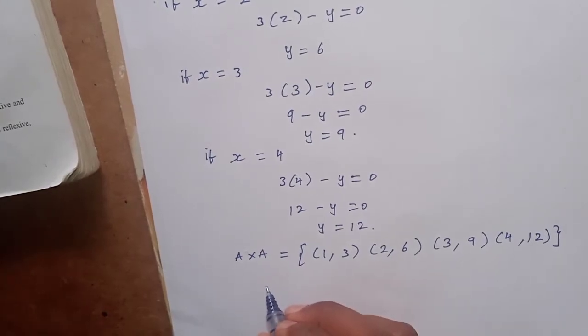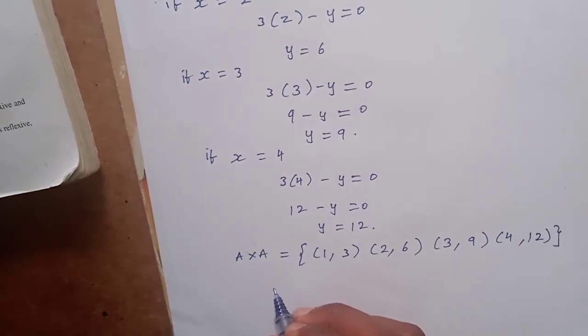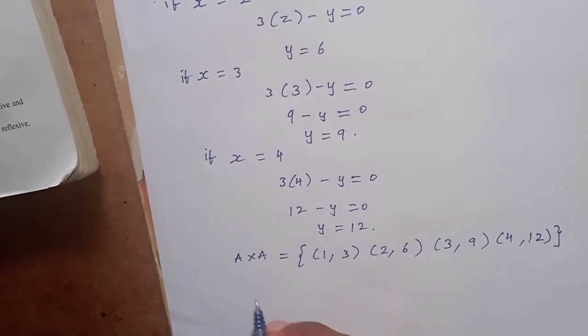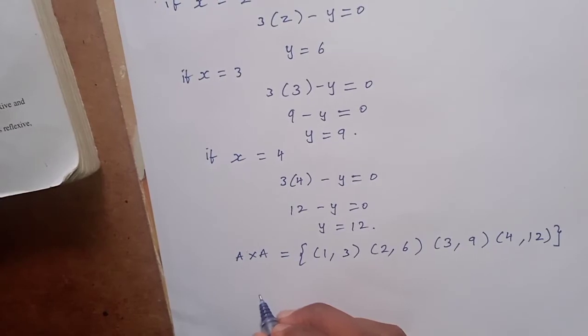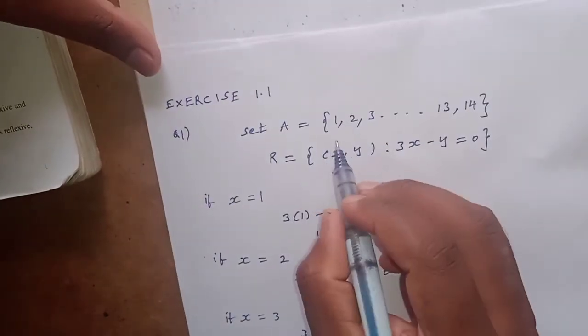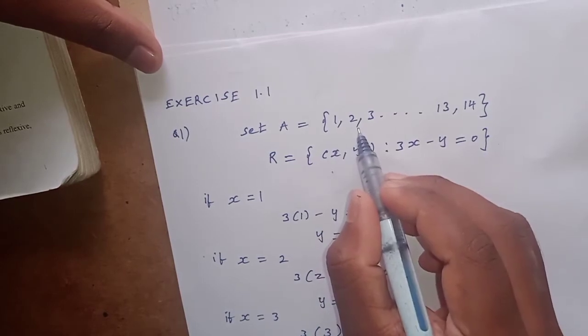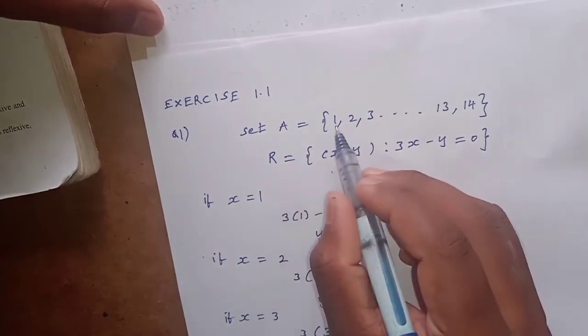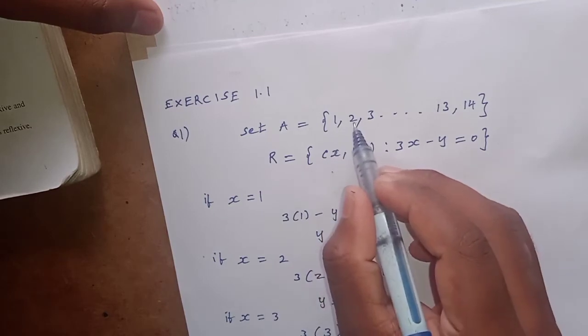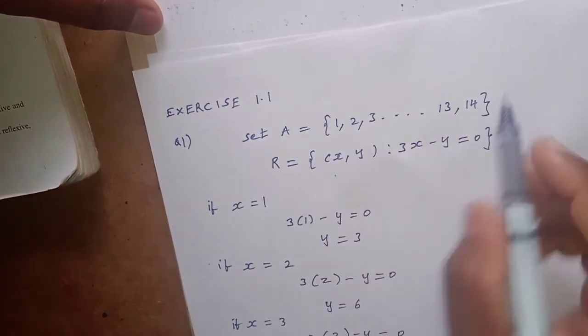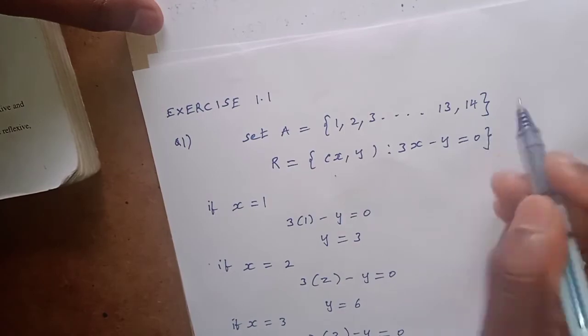Okay, we have to check the conditions reflexive, symmetric and transitive. For reflexive, every element of A belongs to capital A. Here (1, 1), (2, 2), (3, 3), up to (14, 14) should belong to the relation.